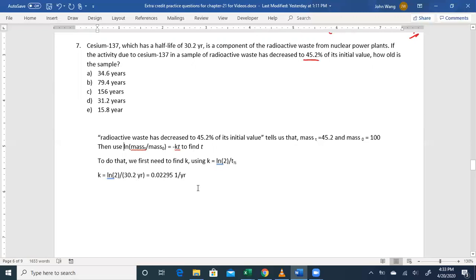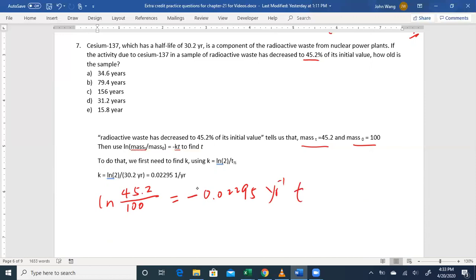So now we are ready to put mass T, mass 0, and K into this equation. So we have Ln of 45.2 divided by 100 equals negative, coming from the formula, K which is 0.02295 year to the negative 1, then times T.